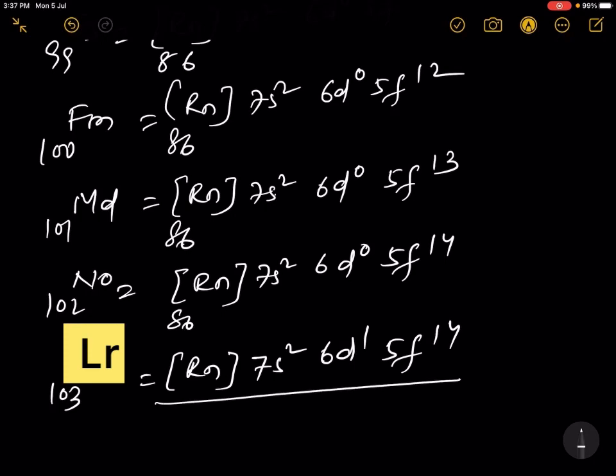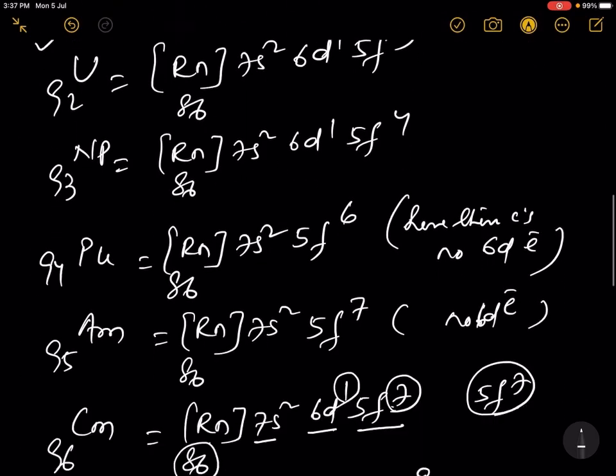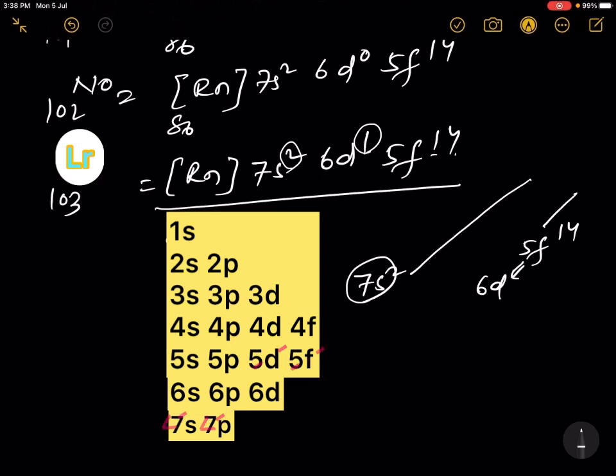This is the usual process. You see 5f is filled, then 6d gets 1 electron. After 7s2, 5f will be filled, then 6d, and 6d gets 1 electron.